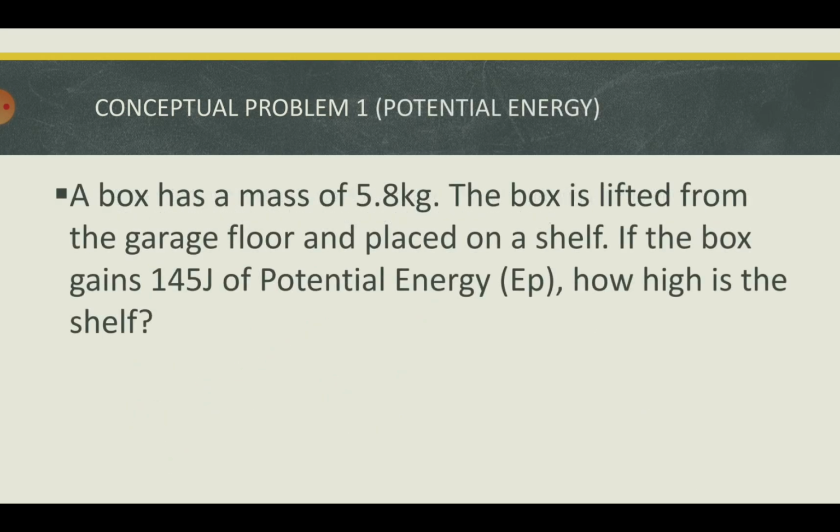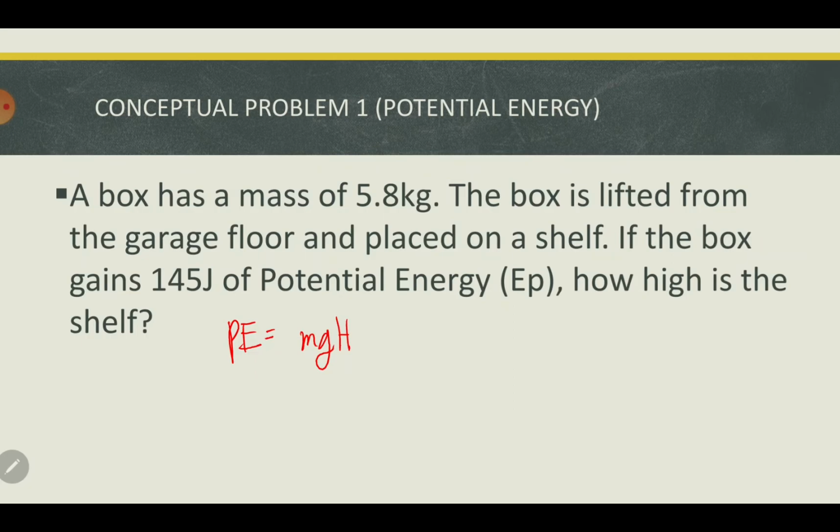Next, a conceptual problem for potential energy. A box has a mass of 5.8 kg. The box is lifted from the garage floor and placed on a shelf. If the box gains 145 joule of potential energy, how high is the shelf? You all know that potential energy, or PE, is equal to mgh.